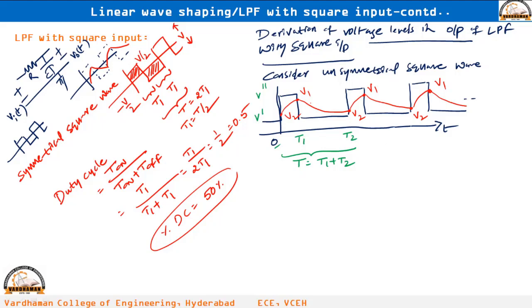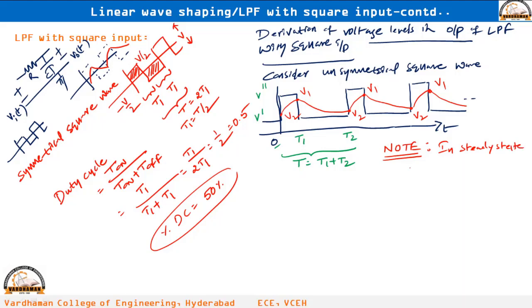Here a very important point I need to tell. If you observe this particular diagram, understanding of this particular graph is very important. Okay, listen carefully. The output I have drawn, with the voltage levels V1 and V2, can be obtained in the steady state level. What is steady state?